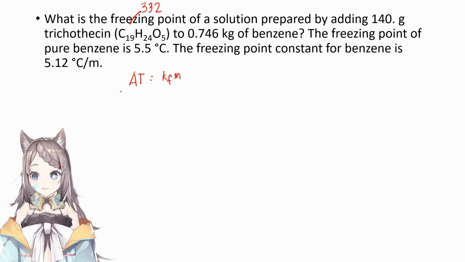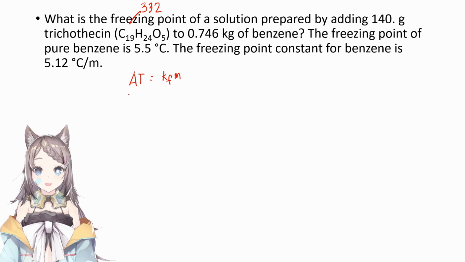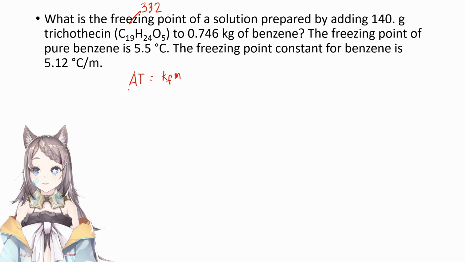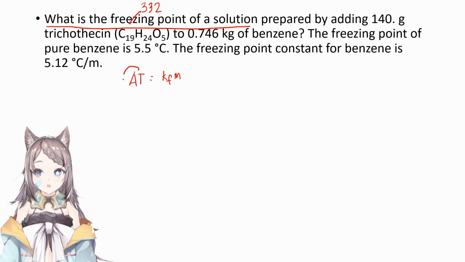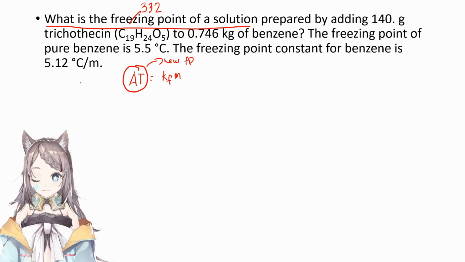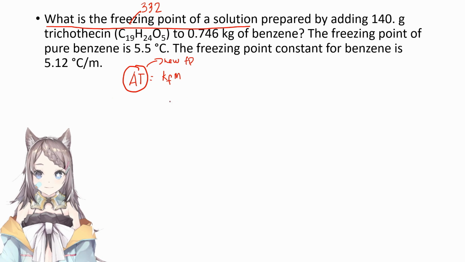Okay, so what we need is actually the new freezing point. So we will get this value first so we can get the new freezing point. Okay, so let's start solving.